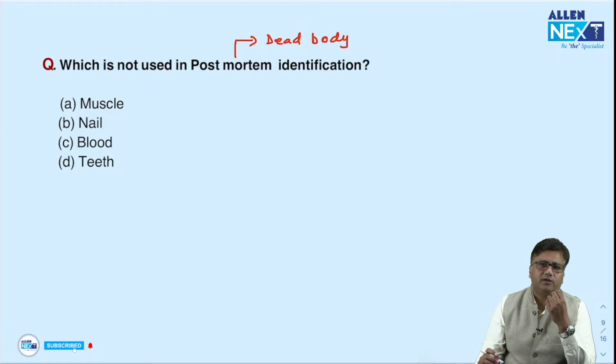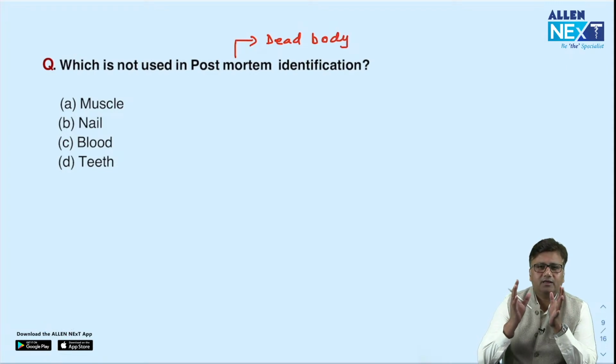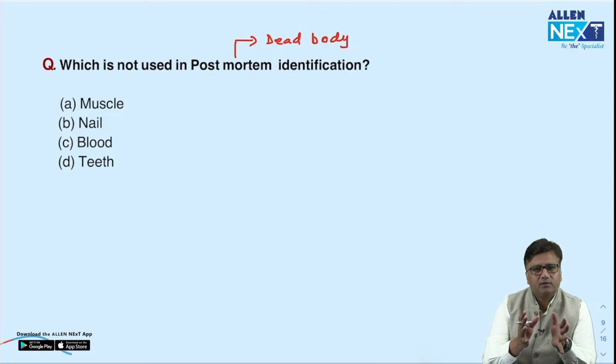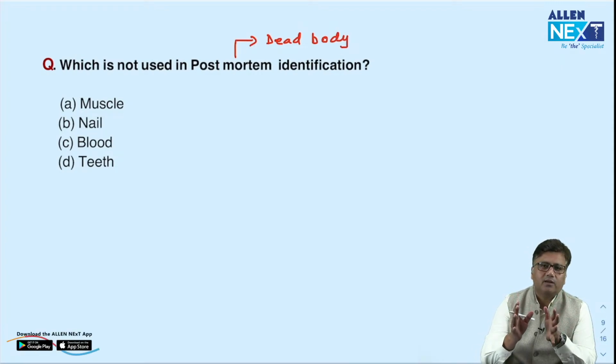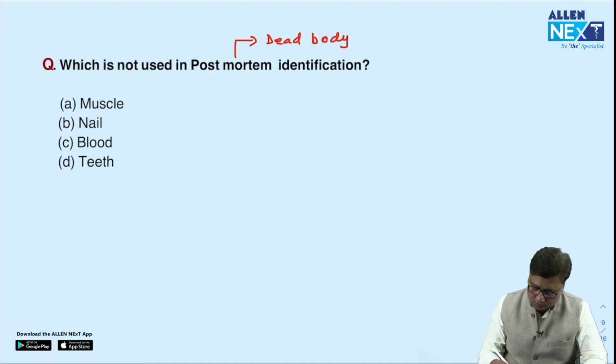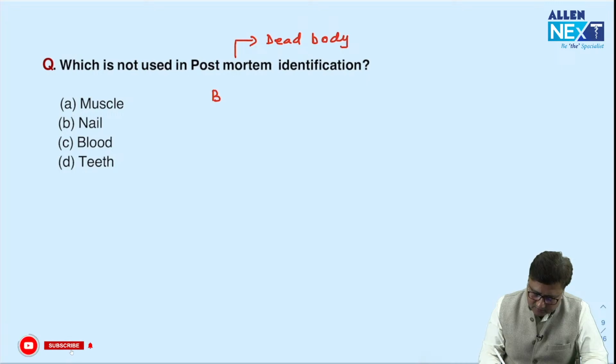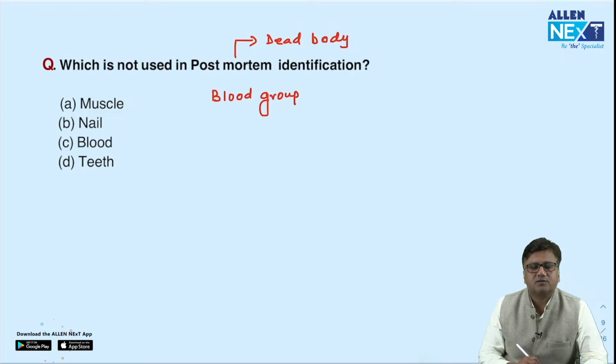One, you can use certain body fluids for identifying the blood group. The basic body fluid is blood itself. We can identify someone based on the antigenic properties of the blood. So when we say identification, blood groups can identify or help.